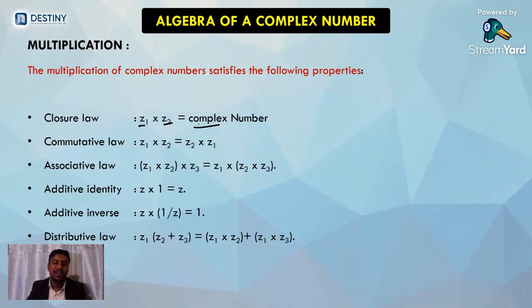Commutative law, if we rearrange the numbers, that is Z1 into Z2 is always equal to Z2 into Z1. These properties will never be suitable for subtraction. They will be suitable only for addition and multiplication, not even for division.